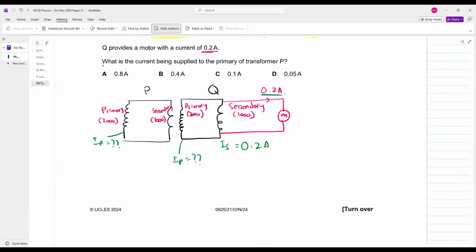Can you see this is a step down transformer? जी, can you see this is a step down transformer? आपकी number of turns कम हुई है. This is NP, this is NS. Can you realize number of turns in the secondary coil is much less? What will be your current in the primary coil?